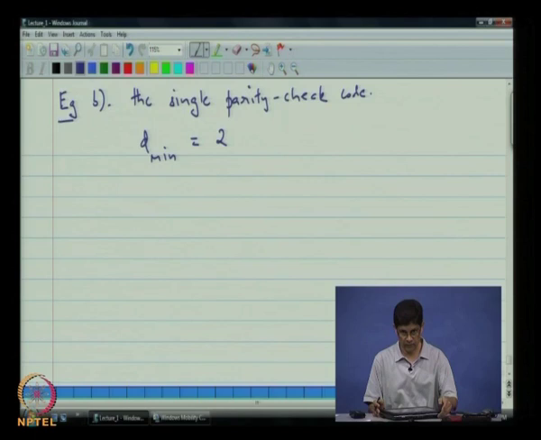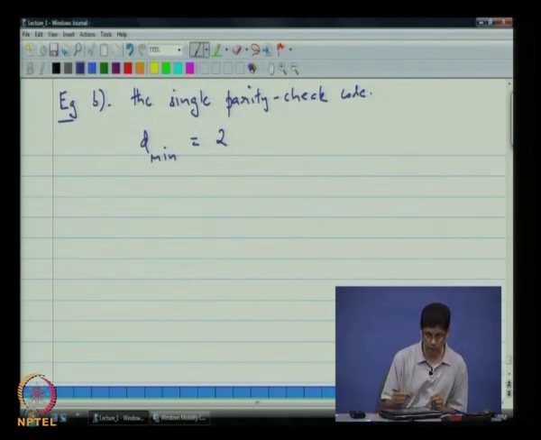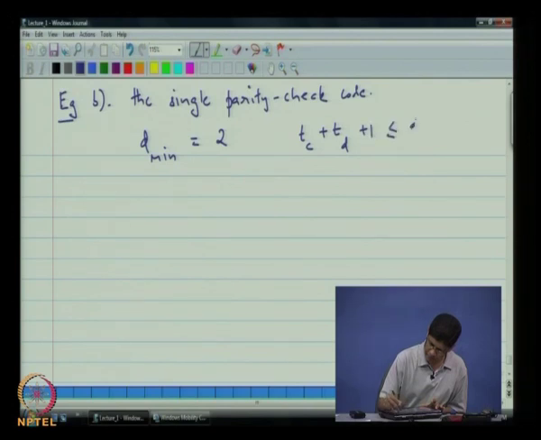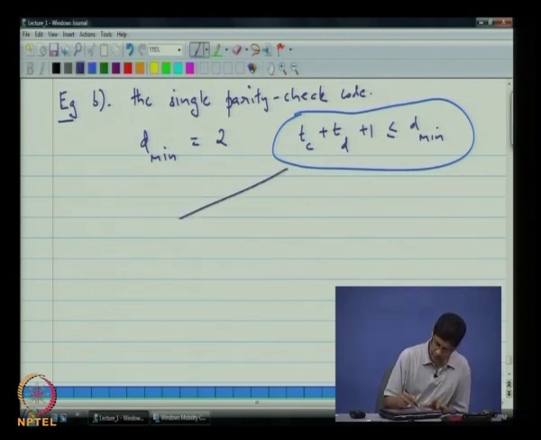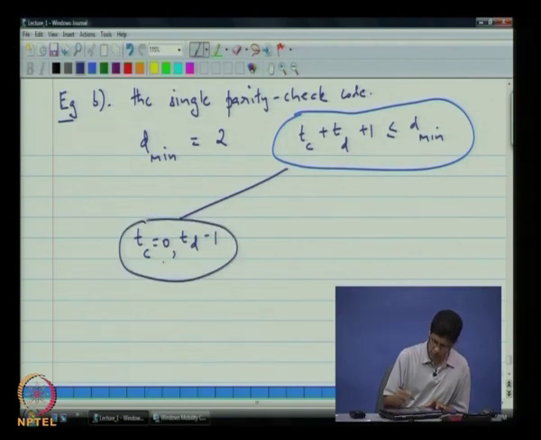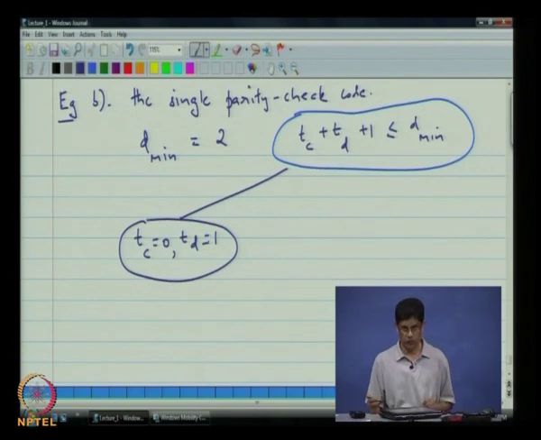Since the minimum distance is small, that does not leave a whole lot of room for selecting your parameters, according to our equation that T sub C plus T sub D plus 1 must be less than or equal to d min. So, it does not leave very much room to play. In fact, the only thing that you really can do in this case is choose T sub C equal to 0, T sub D equal to 1. So, the code can only be used for detecting single errors, it cannot be used for error correction.